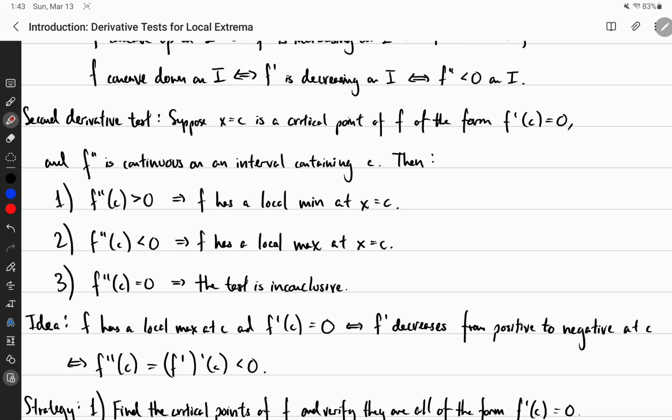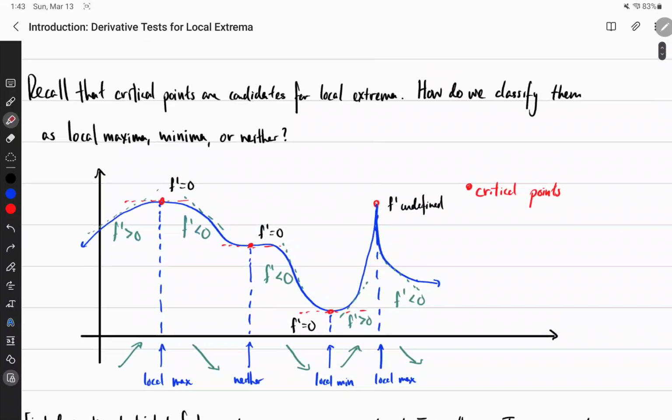Now the idea of the second derivative test is this. Suppose that f has a local maximum at c, and the derivative of f at c is 0. In other words, you've got a horizontal tangent line there. Then what that's saying is that f prime is decreasing from positive to negative at c. So I can go back to the diagram from before, and we'll look at this left-hand critical point. We saw that to the left of our critical point, the derivative was positive.